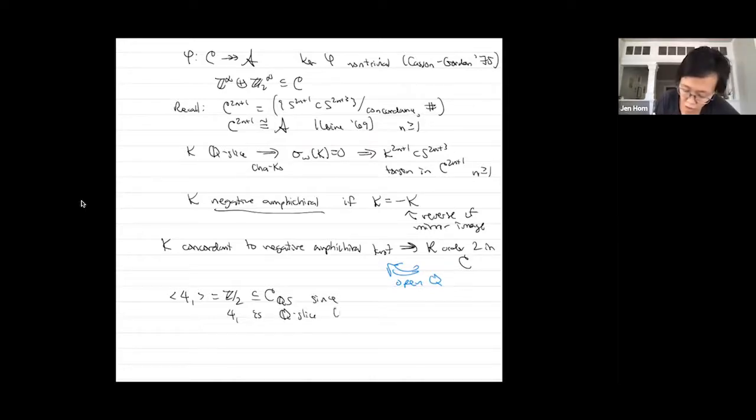This can be seen by work of Fintushel-Stern from the 80s. The figure 8 is not sliced. This can be seen from the Levine-Tristram homomorphism. And the figure 8 is order 2, since it's negative amphichiral.